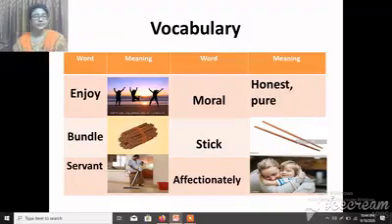Servant means the people who work for others for money. And the last one is affectionately. The way in which our parents, like father or mother, love us. That is affectionately. Okay? So, enjoy, moral, stick, bundle, servant, and affectionately. Okay?